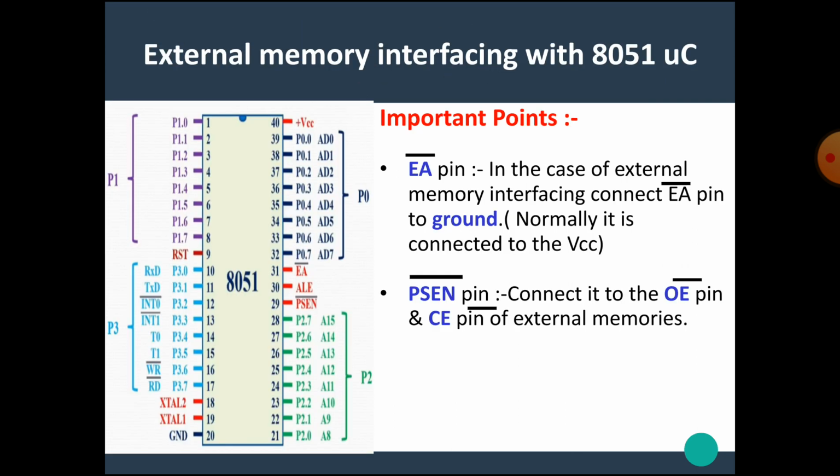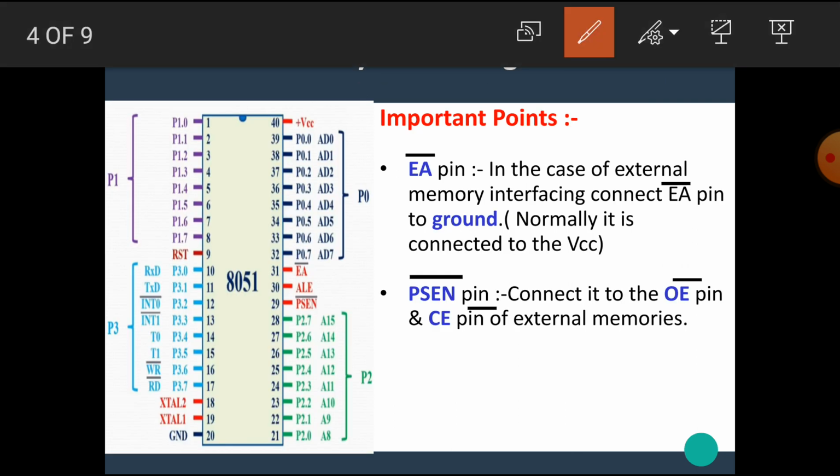Now, before going to see the actual interfacing of the memory to the 8051 microcontroller, let's summarize some important points. We know that this is the pin diagram of the 8051 microcontroller, and these three pins are used in the case of external memory interfacing.